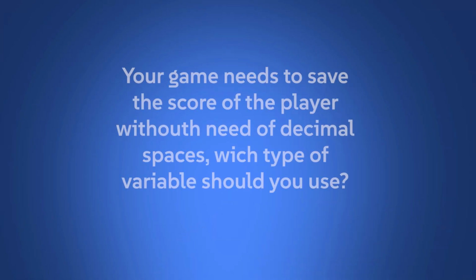Now let's do some exercise to review the concepts we learned today. You can pause the video to think about the questions and answer it. So let's start. The first question is: your game needs to save the score of the player without need of decimal spaces. Which type of variable should you use?